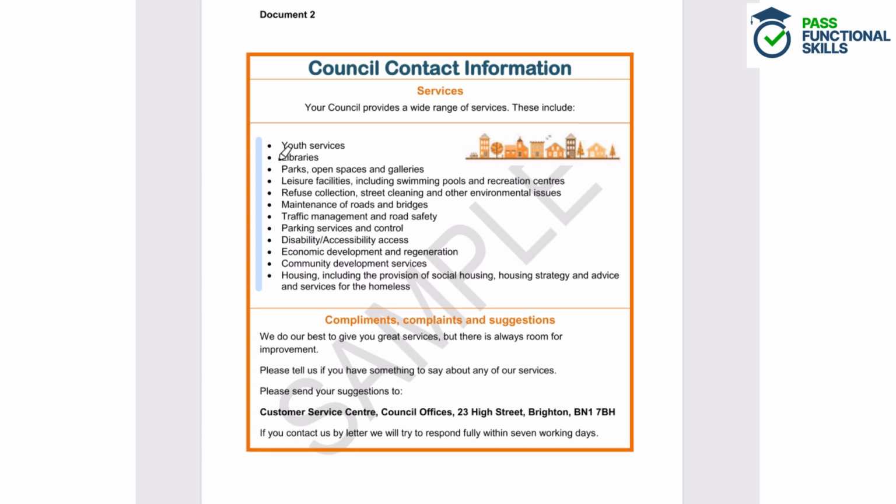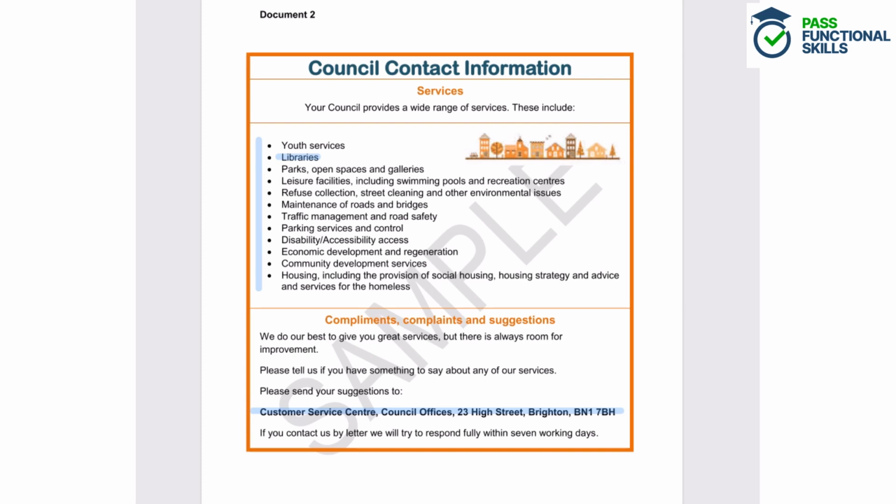So for example, are the libraries hardly ever open, or do they have very few books? And we need to use this address or make up our own address during the exam. So we're writing a letter here, so that is one example of an address that you could use.